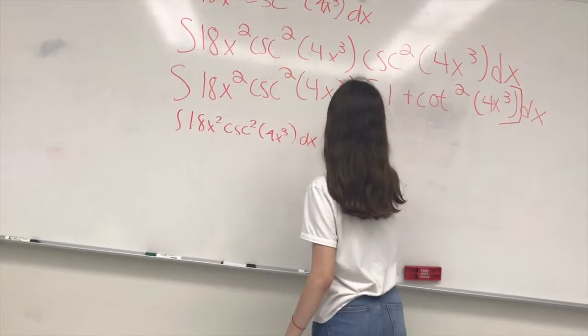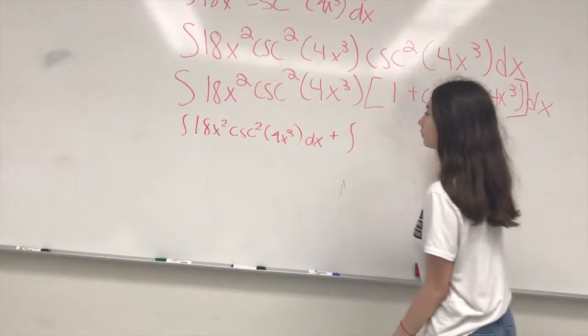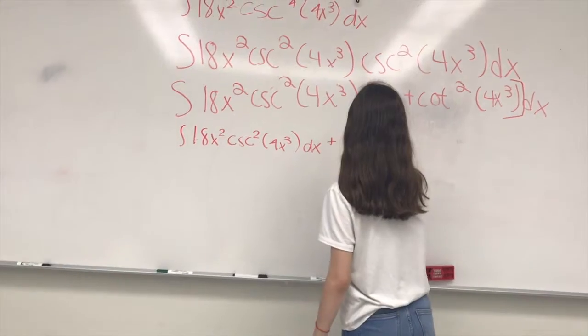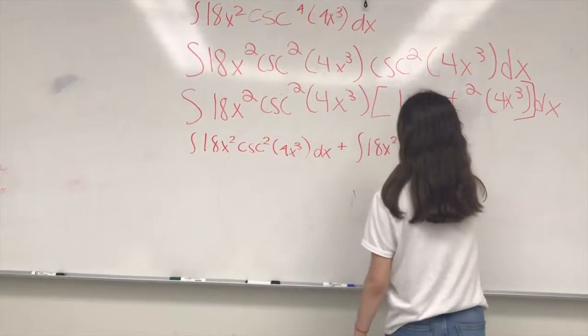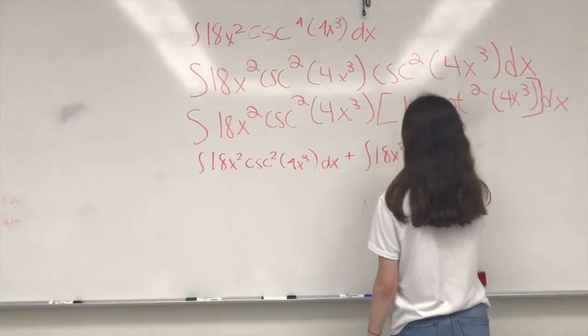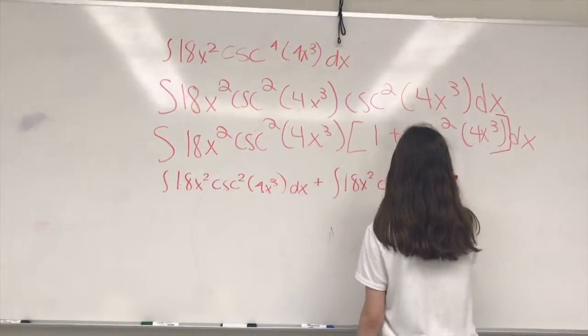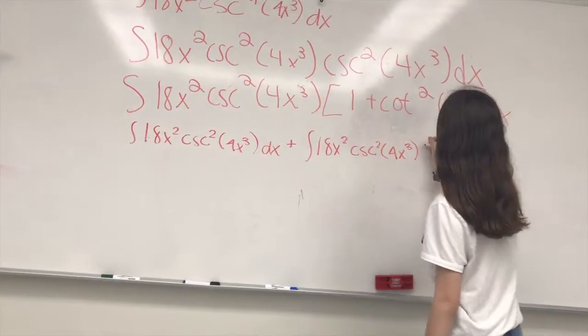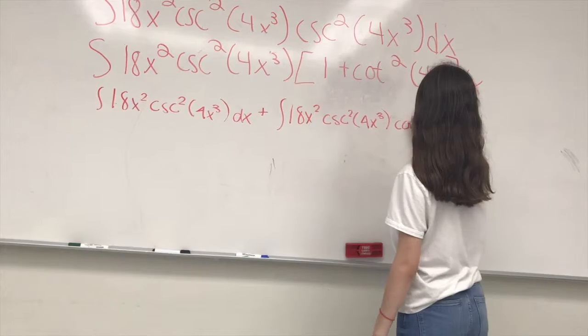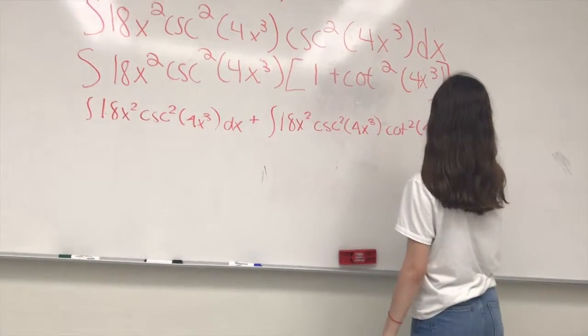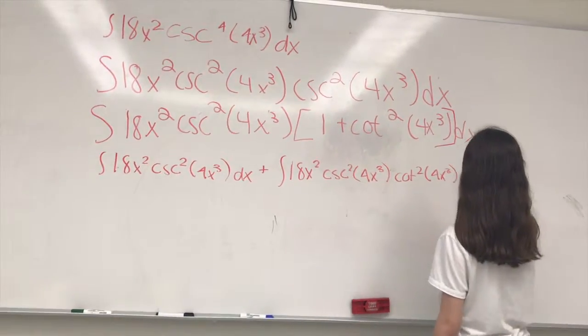Then we add the second one, which will give us 18x squared times cosecant squared of 4x cubed times cotangent squared of 4x cubed times dx.